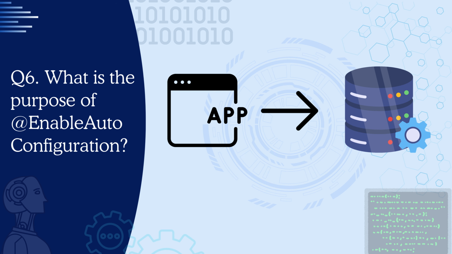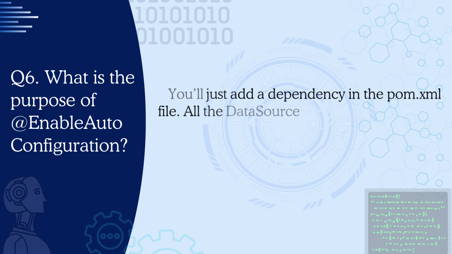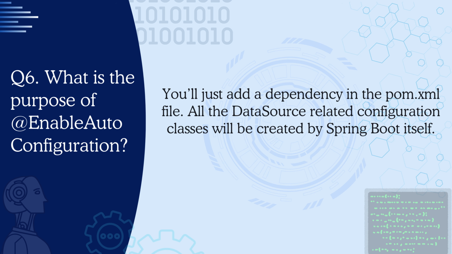Now let's say if you want to connect your application with a database, so at your end, you'll just add a dependency for it in the pom.xml file. Then all the data source related configuration classes will be created by Spring Boot itself. This beautiful concept of Spring Boot is called auto configuration and it is enabled using this annotation @EnableAutoConfiguration.